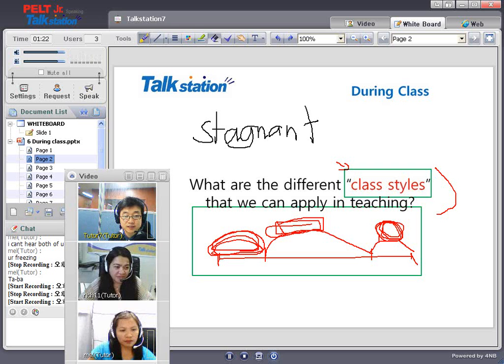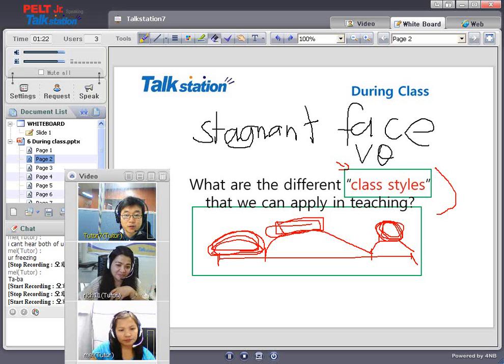All right. And then, sir, I always tell the teacher that if warriors go to war bringing their swords, for teachers like us, our swords are our face and our voice. These are our two most important tools.